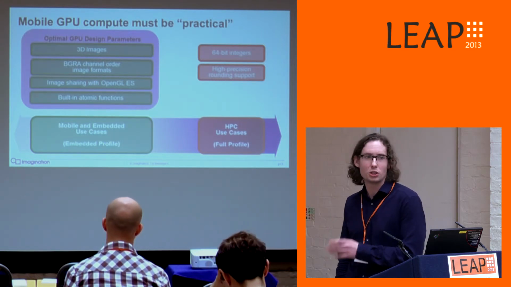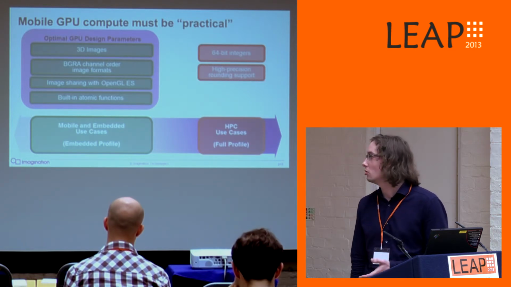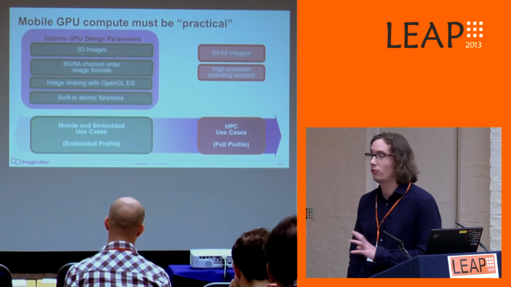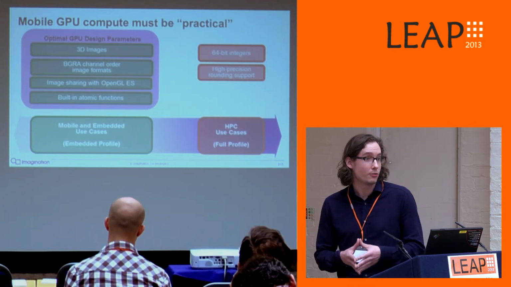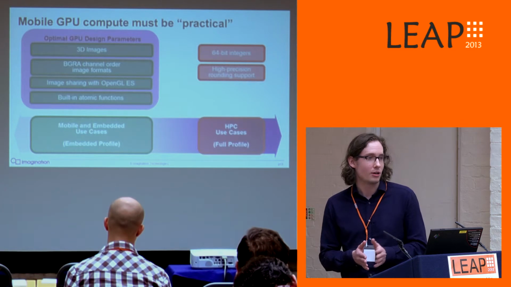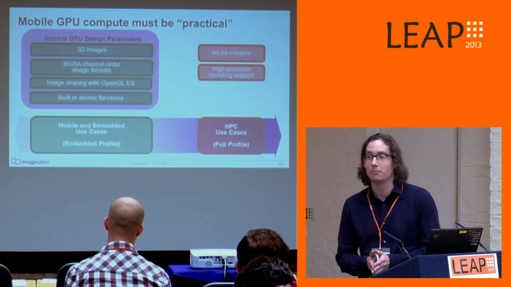We've been very cautious about putting in things like 64-bit and high precision rounding because of the power cost, and because we see those use cases as primarily high performance computing. Certainly for some of the image processing, which is a key driver to a lot of these use cases, you will not notice a difference between a color value of 203 and 204. It's very difficult to tell.